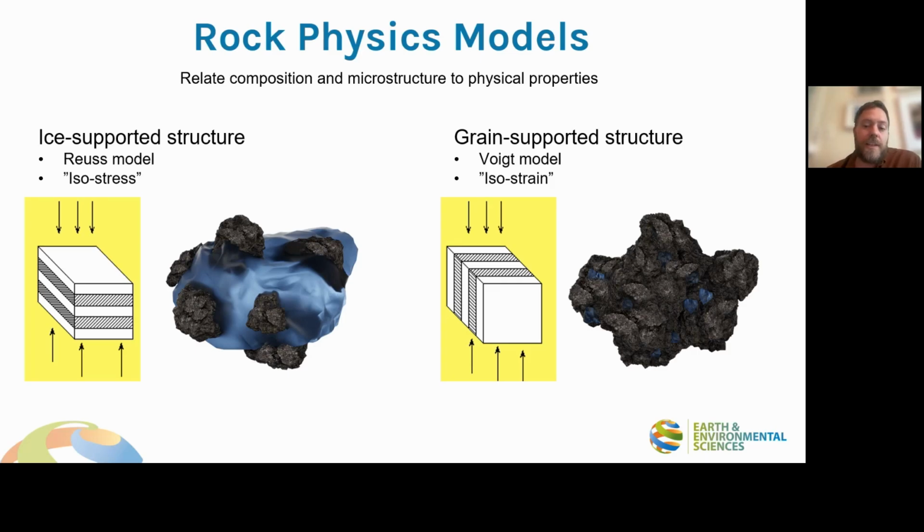You would have a very different behavior expected from a soft ice supported structure versus a grain supported structure that has free ice sitting within the pore space. And so understanding the way that ice sits is really important for understanding how to interpret larger scale geophysical measurements.